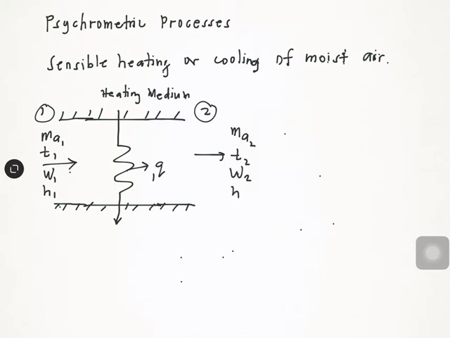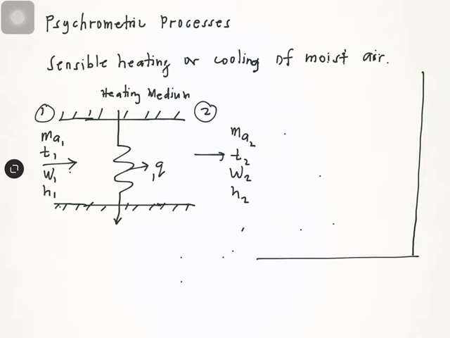So when we draw this on the psychrometric chart, here is our saturation curve. Here we have dry bulb temperature 1, and this dry bulb temperature 2.